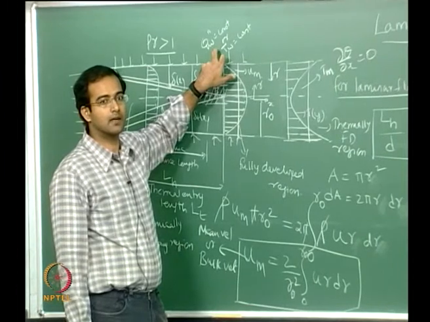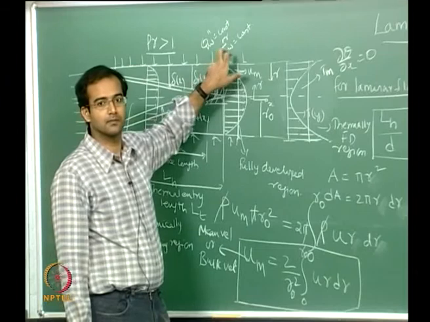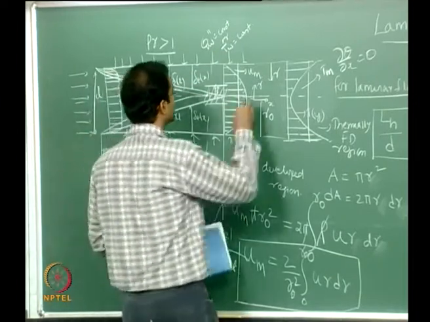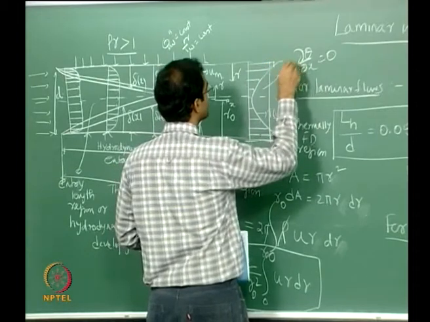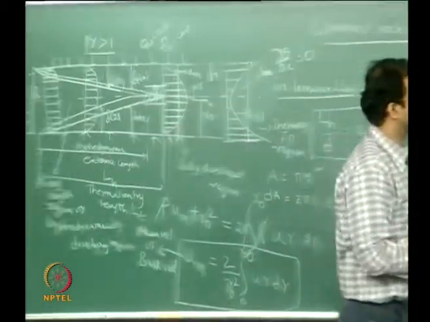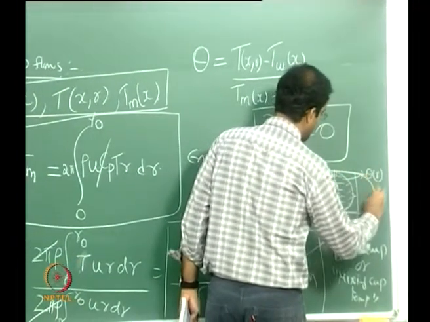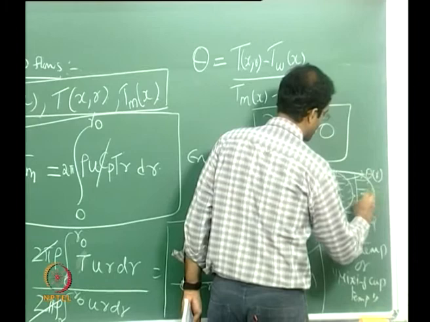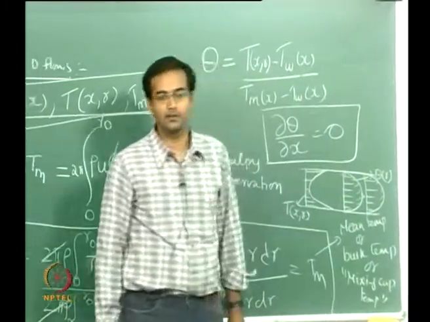Since theta is not a function of x, the slope also cannot be a function of x. Whatever slope I calculate, whether it is here or with the non-dimensional theta, will be the same, because the profile is going to be the same. The slope here and here have to be identical.